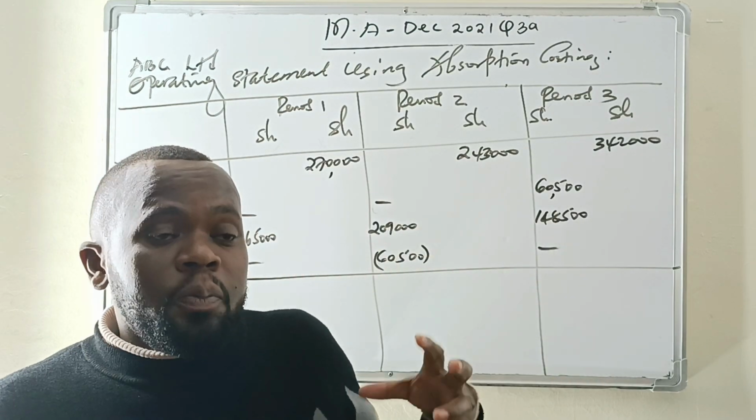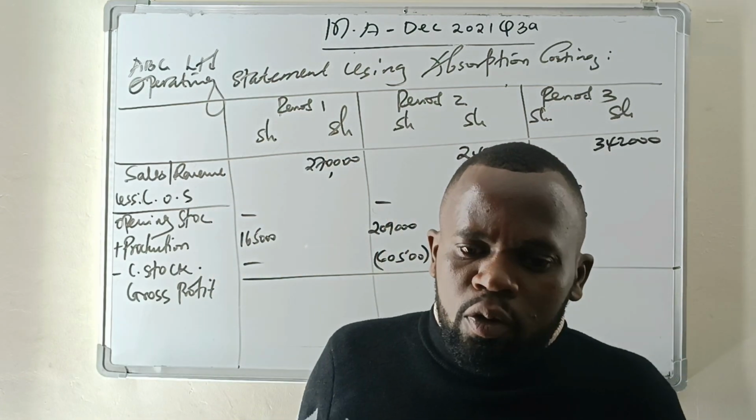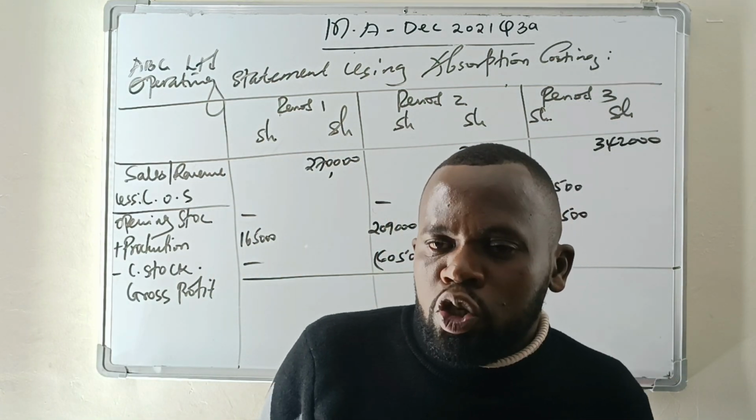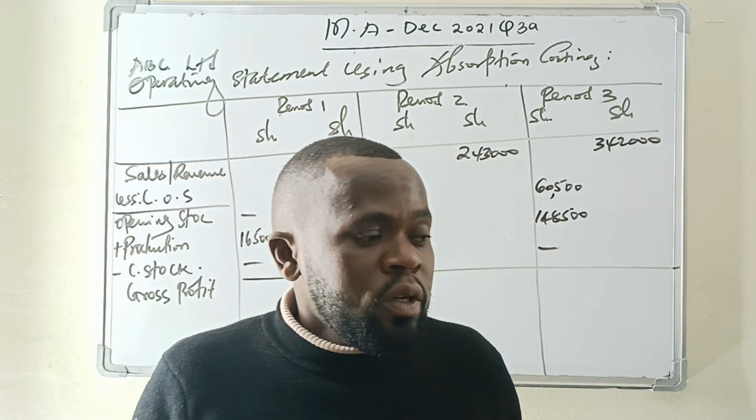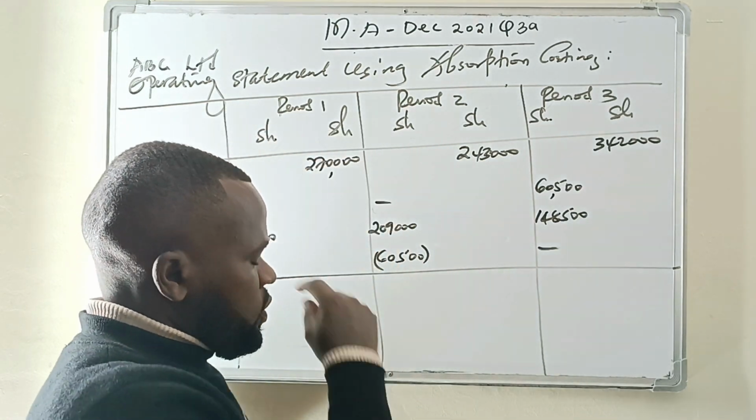So here we are absorbing it. In the total costing method, we have to absorb the fixed production cost. Thus, we call it gross profit, not gross contribution. The other one was contribution.